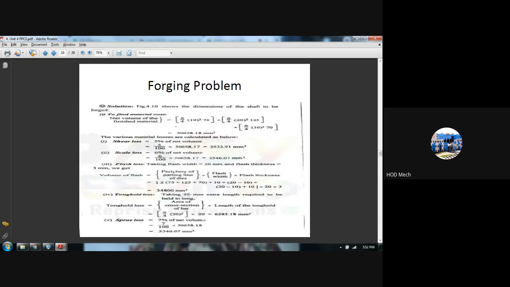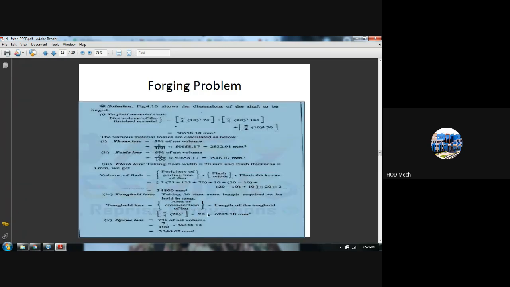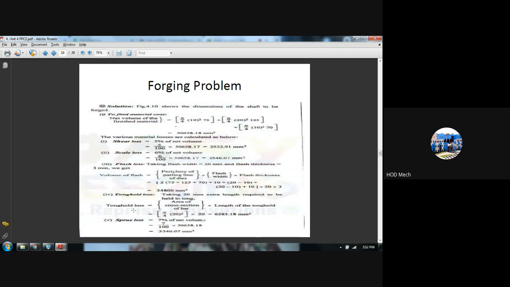So you are going for cross section of bar, 20 mm extra length. இப்ப tongue hold loss cross section of barல 20 mm you are fixing it, extra length. அப்ப area of cross section of barல you are taking it as 20 and length as 20. Then you have to calculate this tongue hold loss. So this is another parameter where you are checked for your presence of mind.